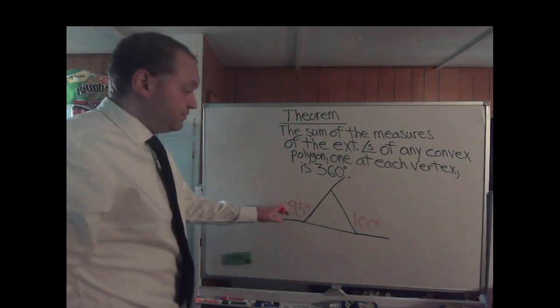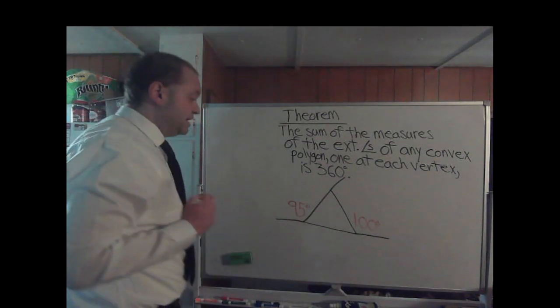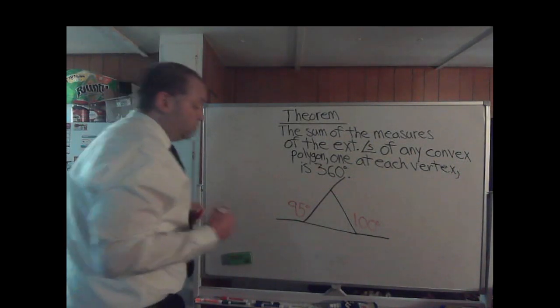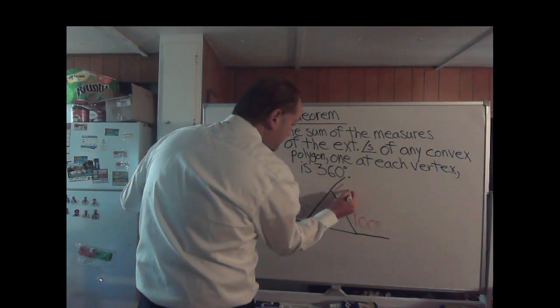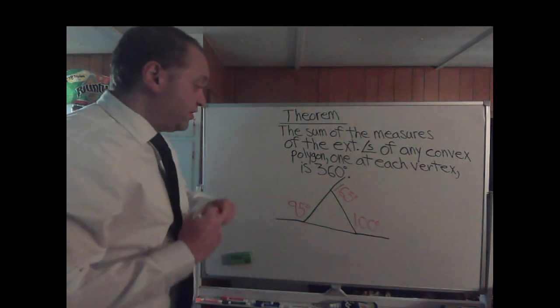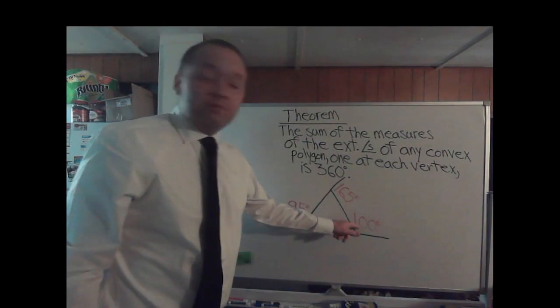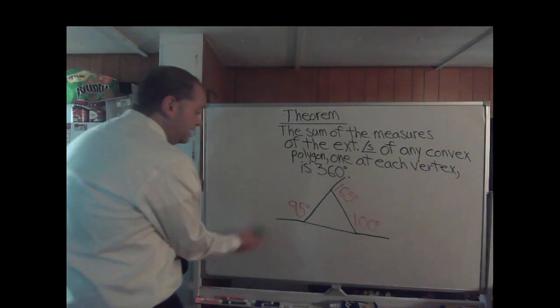So now we have 195. This one here then would have to be 165. But whatever your exterior angles are, you add all these up, you're going to come up with 360 every time.